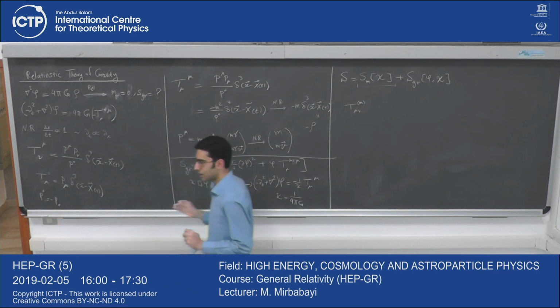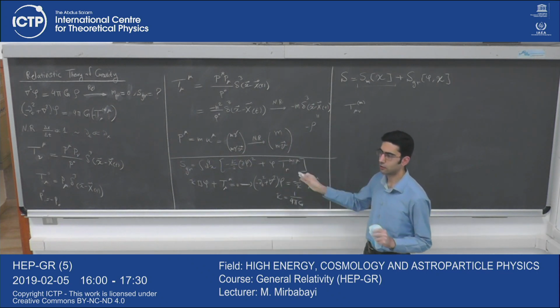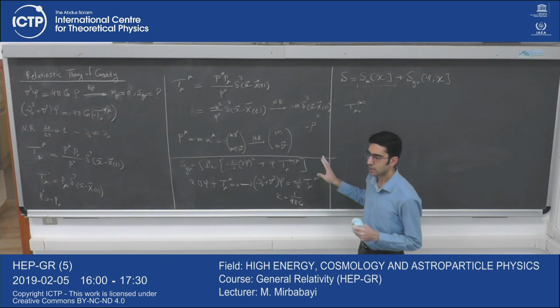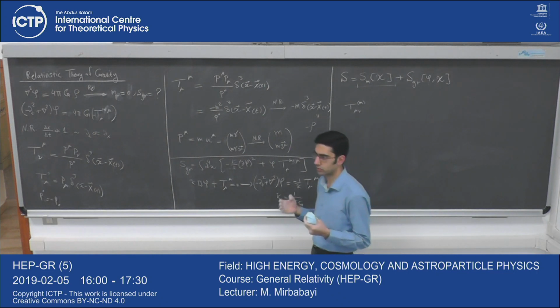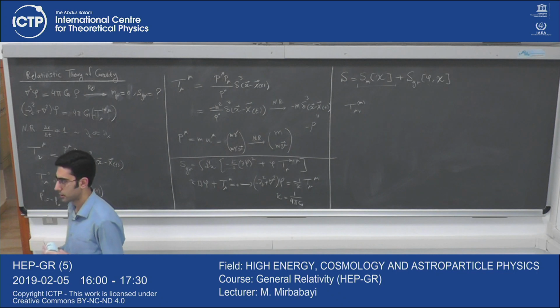Now if you were to take this T mu nu not to be the matter contribution but the full thing, it would still be almost the same as the matter contribution if you are talking about a non-relativistic system.